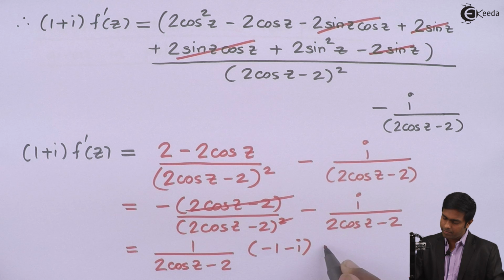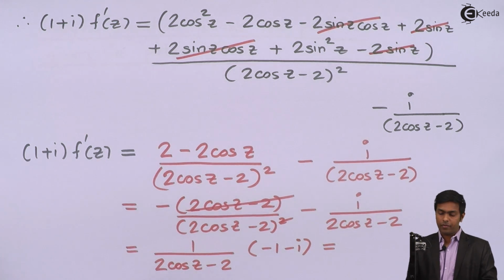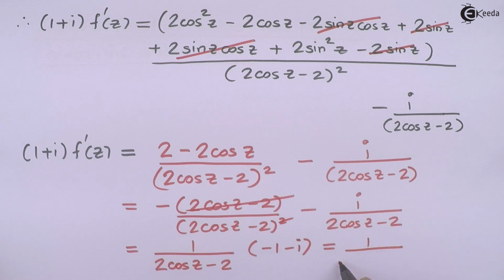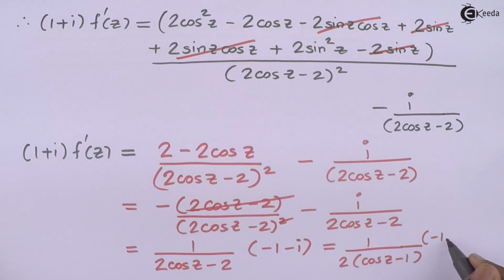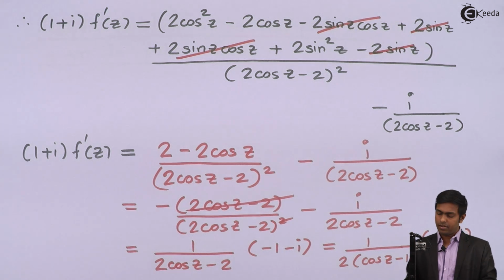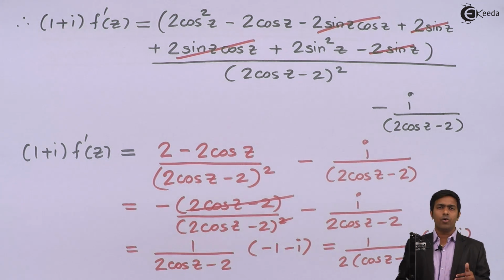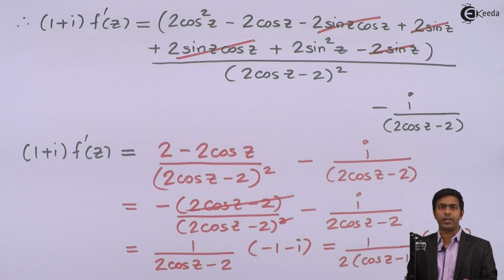1 minus i. Now if we simplify this, then we will get 1 upon 2 common, cos z minus 1, and minus 1 minus i as it is. Now what I will do is, I will take the negative sign outside, so that it will become 1 minus cos z, and then we can apply the formula of trigonometry.